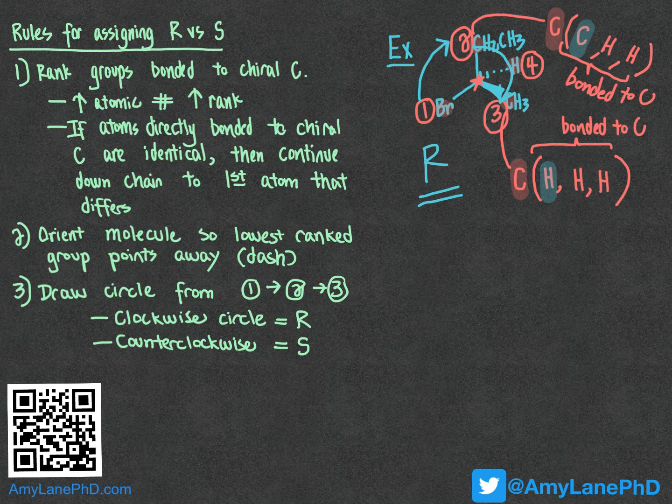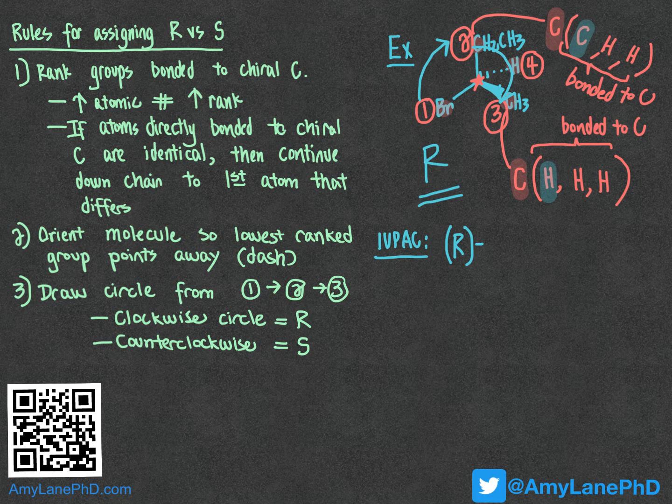And we could actually come up with a complete IUPAC name for this if we were asked to do so. We might be asked to provide the IUPAC name including the configuration as R or S. We would put the term R at the front end of the name either in parentheses or not. You've seen it both ways before, and a dash to start into the name, and then follow the IUPAC rules like you normally would.